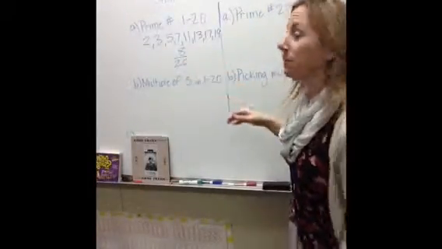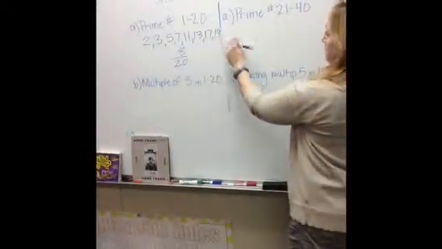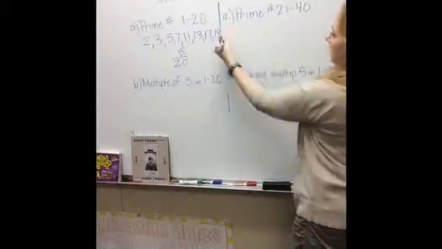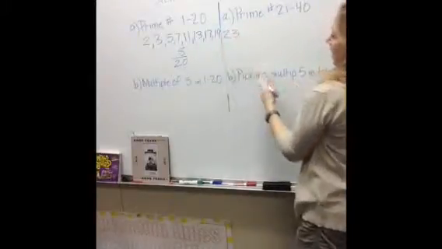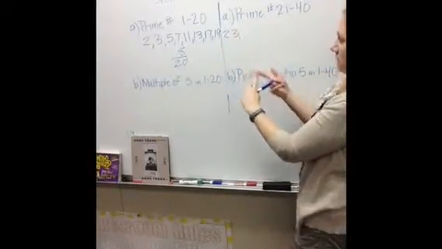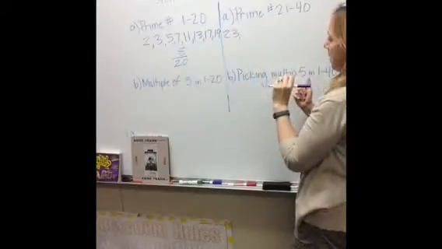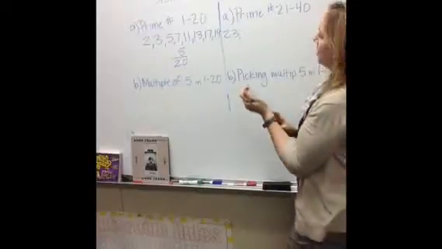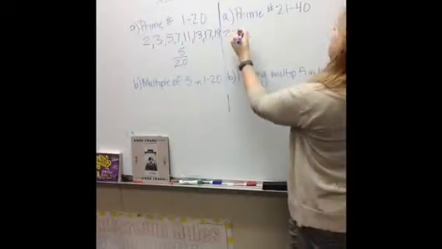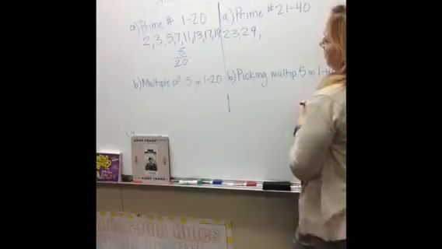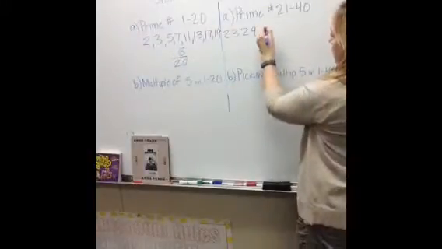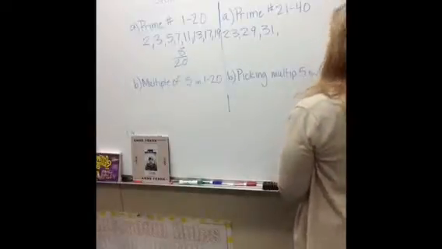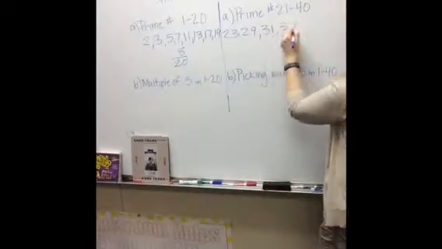Let's see about game 2. Game 2, we're going to count them up. So 21 is not prime, 22 is not prime, 23 is prime. And we're going to keep counting up. 24 is not prime, 25, 26, 27, 28 are not prime, and 29 is prime. 30 no, but 31 is. 32 is not prime, 33 is not prime, and the next prime number we have is 37.